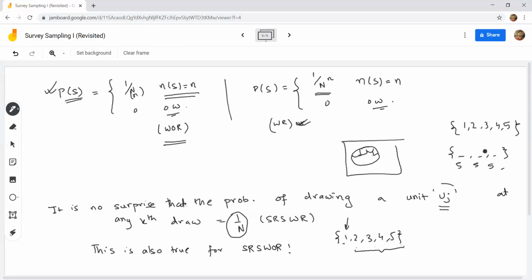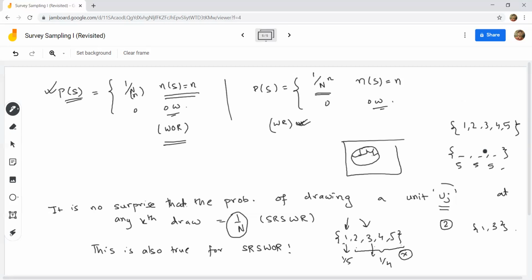Suppose you are drawing a sample of size 2, so you might draw anything out of this, right? Say you draw 1 and now you draw 3, so your sample contains 1 and 3. This does not mean that 3 is coming with probability 1/4 and 1 is coming with probability 1/5. That is a wrong notion. Why is it wrong?